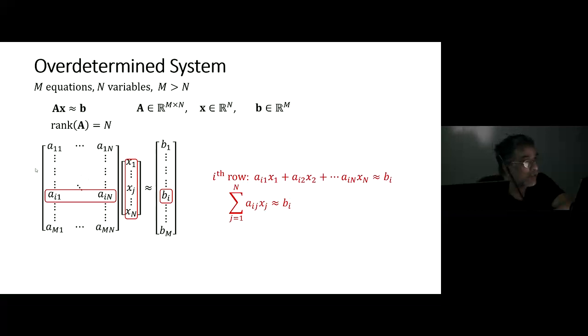What would happen is you would be pre-multiplying this with a vector transpose. And then you will see that you will get different solutions. It will depend on what you are pre-multiplying this with.